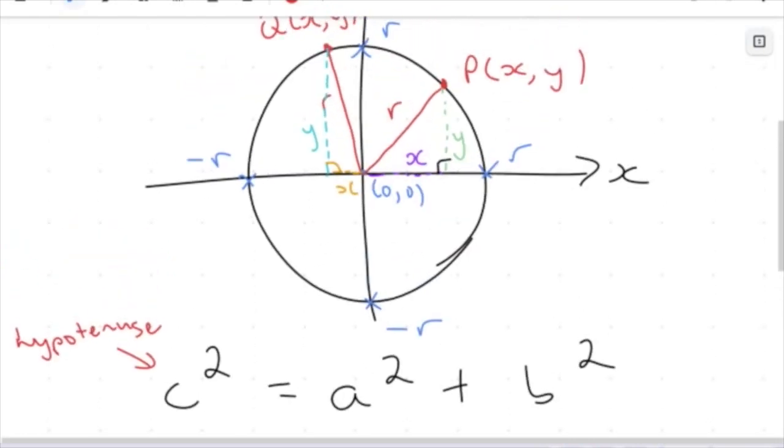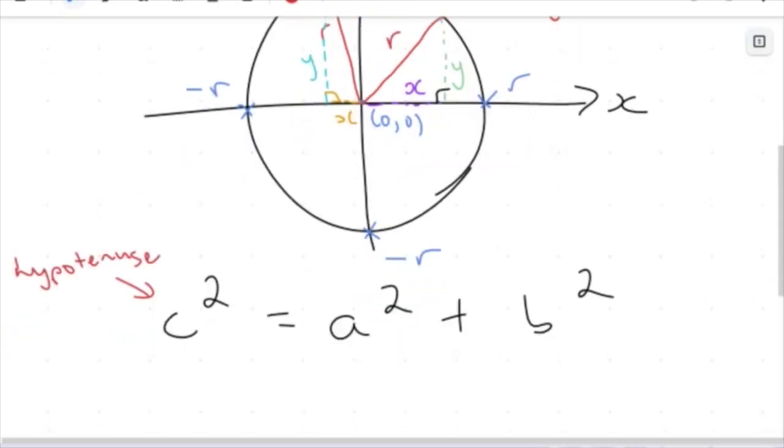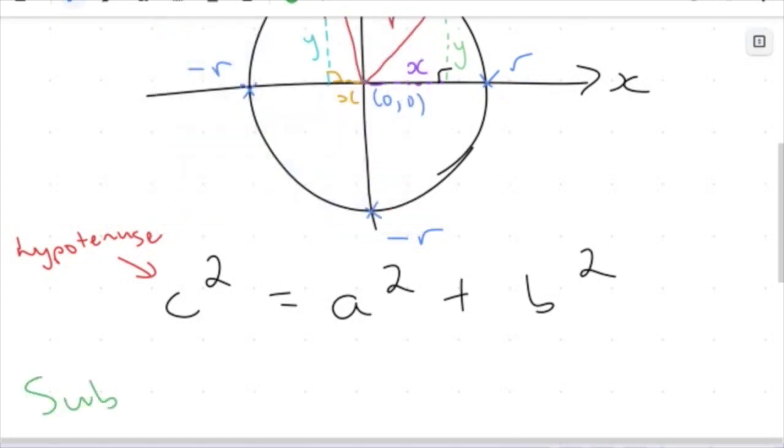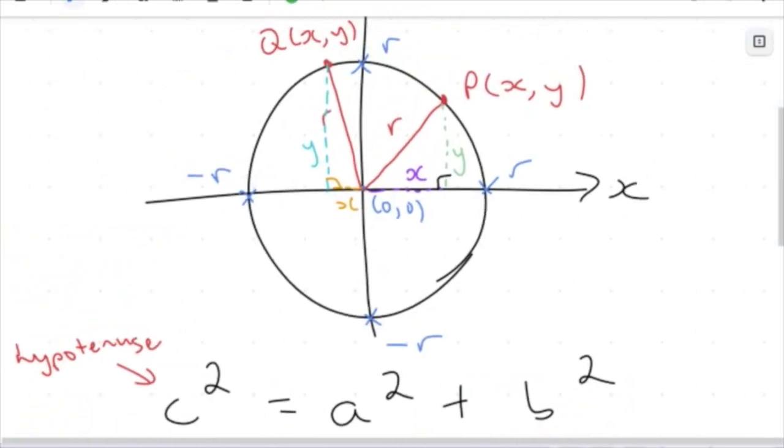Now, just substituting these all in, I'm always going to get a radius of r. So even if I draw this here, my radius squared is always going to be equal to my x component squared and my y component squared. So we're going to substitute in my values from the little right angled triangles I've constructed.